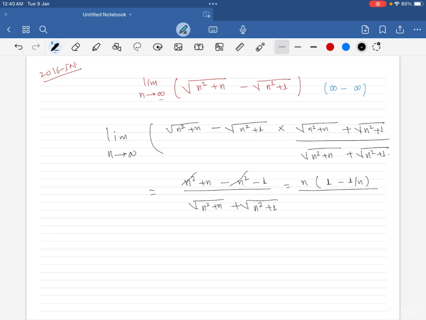Take the n common in the denominator, so here you will get root over of 1 plus 1 divided by n, plus root over of 1 plus 1 divided by n square. Now you put this limit, so this n will get cancelled, and 1 divided by root over of 1 plus 1, that is 2, that is 0.5. So the answer for this is 0.5.